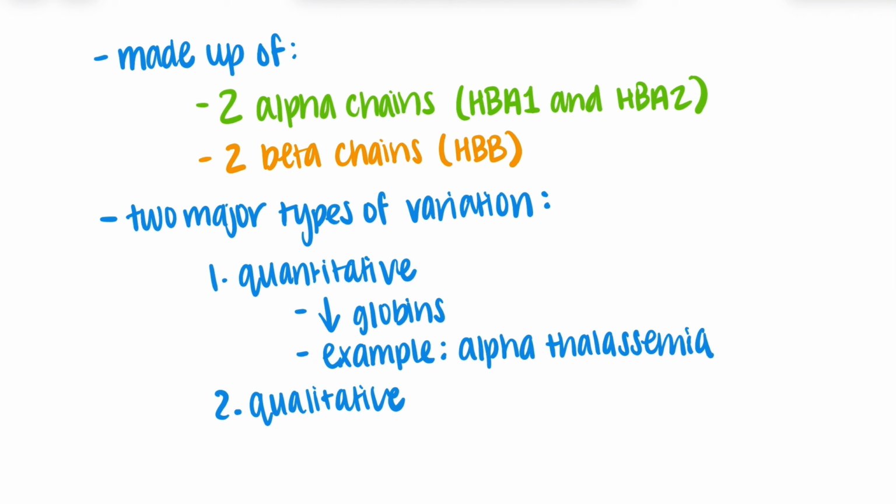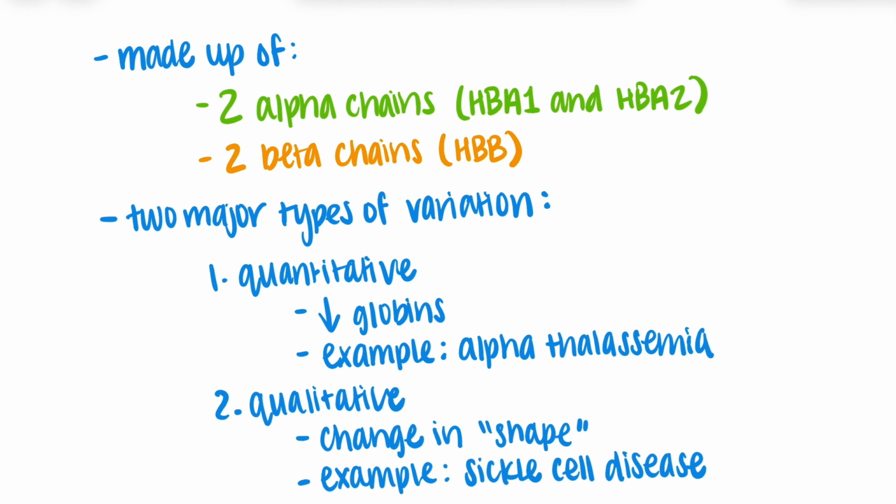Examples include alpha thalassemia and beta thalassemia. Qualitative hemoglobinopathies occur when a specific genetic variant causes a significant change in the biochemical properties of the resulting globin chain. An example of this is sickle cell disease.